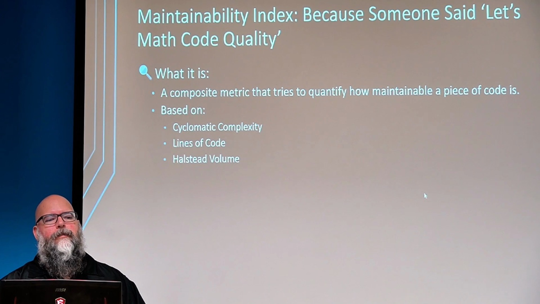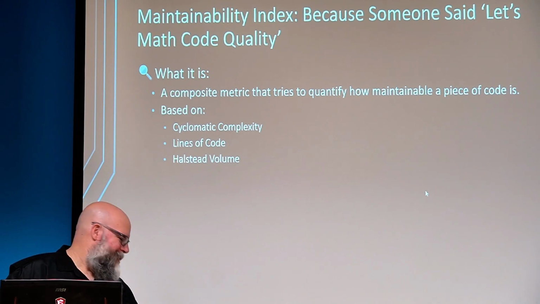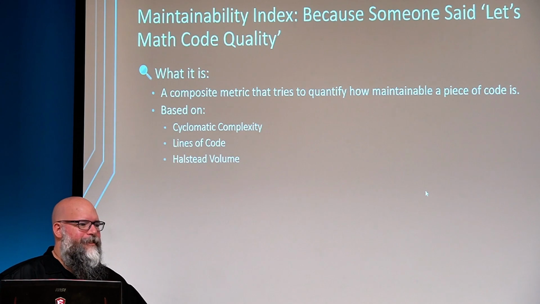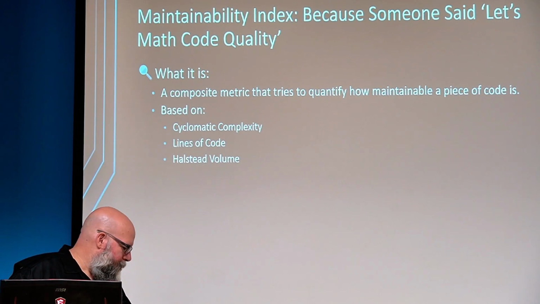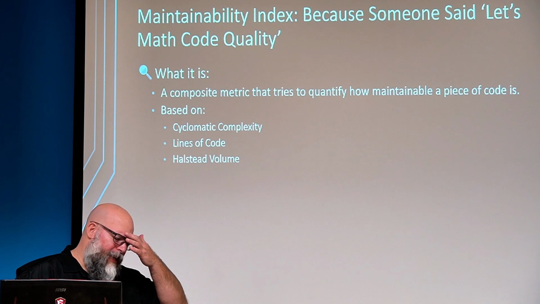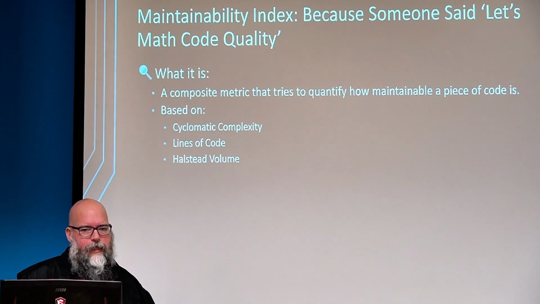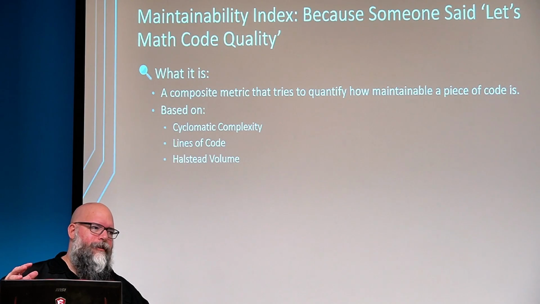Anybody know what Halstead volume is? I think I remember hearing that somewhere, reading about it somewhere, but I don't recall. Did it have something to do with psychology? No. Okay, maybe I'll remember. So there's a bunch of Halstead metrics. The whole topic of code metrics is kind of an iceberg, right?